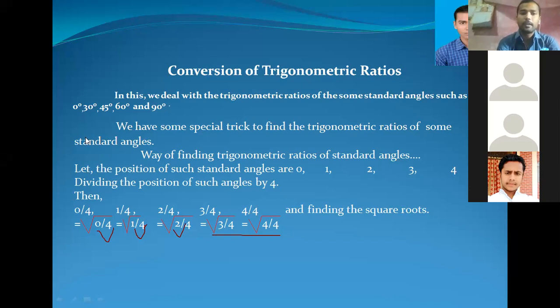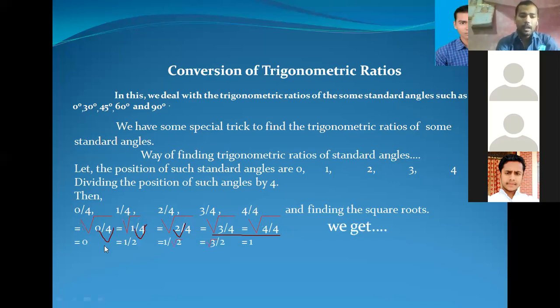Yes, sir. Then after dividing, as we have given here, when 0 is divided by something, the answer would be 0. That's why the square root of 0 is also 0.